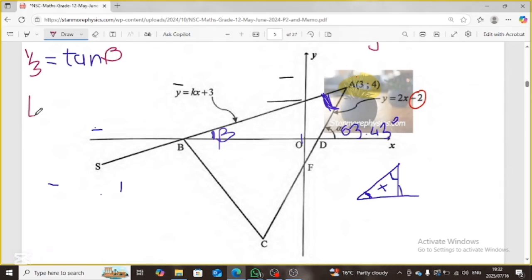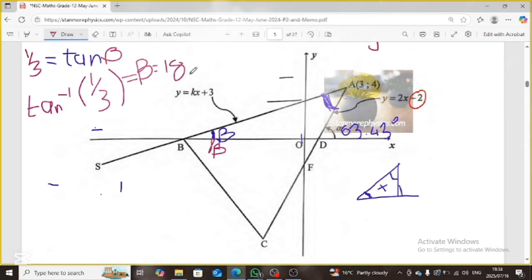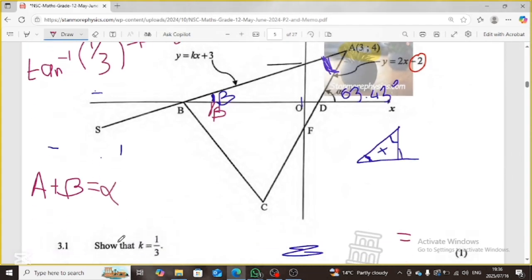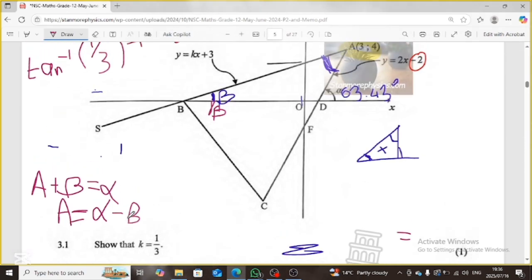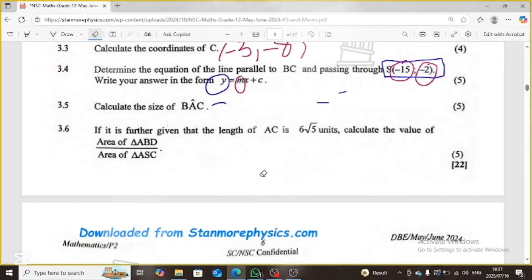In this case, we already know our gradient equals 1 over 3. Now let's find beta. Beta will then be equal to arctan of 1 over 3, giving us 18.43 degrees. The exterior angle of a triangle is equal to the sum of beta and angle A, this simplifying to A plus beta equal to alpha. Therefore, A is equal to alpha minus beta, giving us approximately 45 degrees.